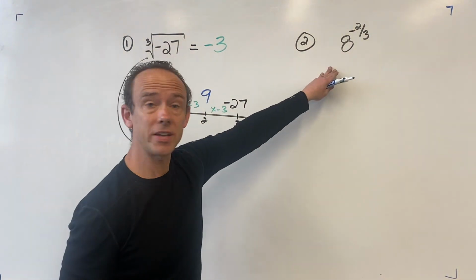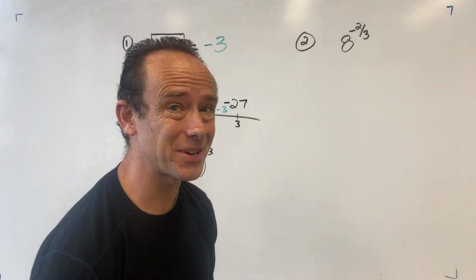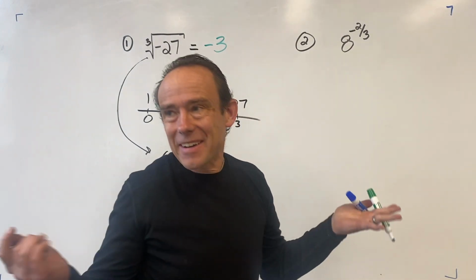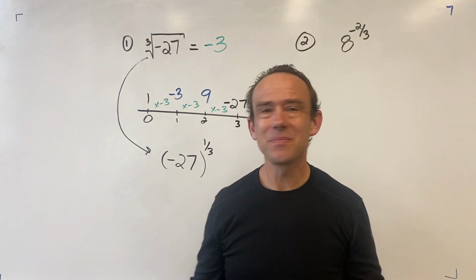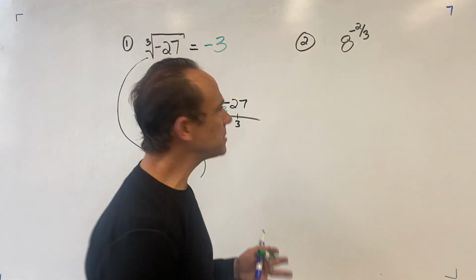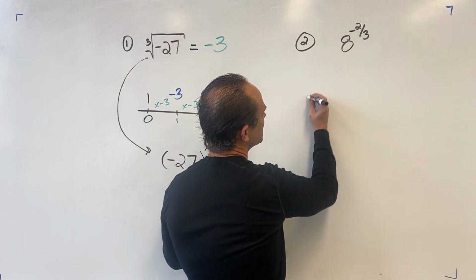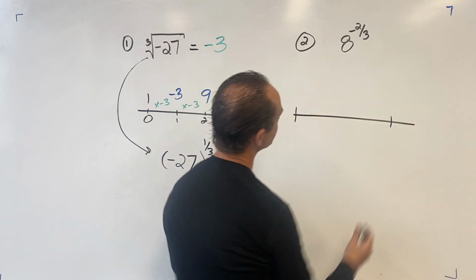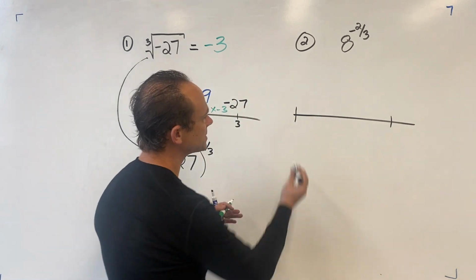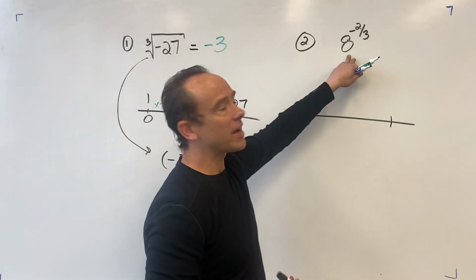Okay, so let's look over here: 8 to the negative 2/3. I smile when I look at that problem because it has such a beautiful answer and it feels complicated, but again, let's just draw the picture and see where we're at. What do we know about this? Well, the multiplier is positive 8.